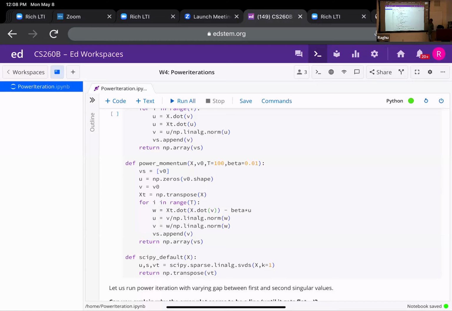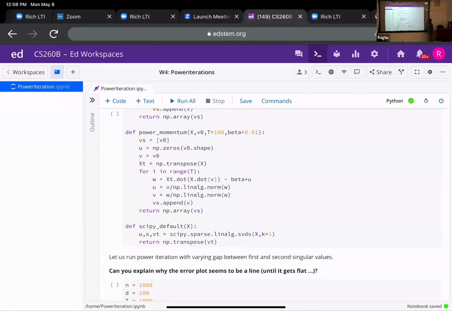But you could definitely implement accelerated gradient descent or power iteration with momentum pretty easily. The only thing that changes is when you apply the matrix vector product, you have to add something that depends on the previous iteration. So it's a small one-line change, nothing else. Okay, and let's see what happens.